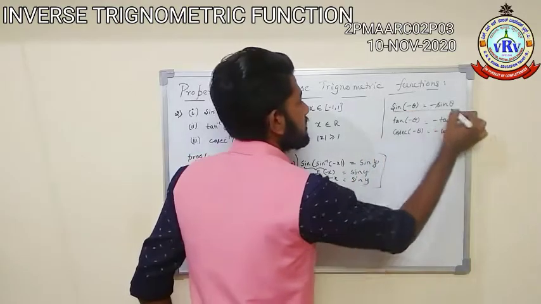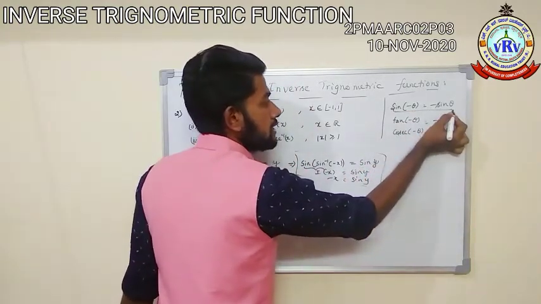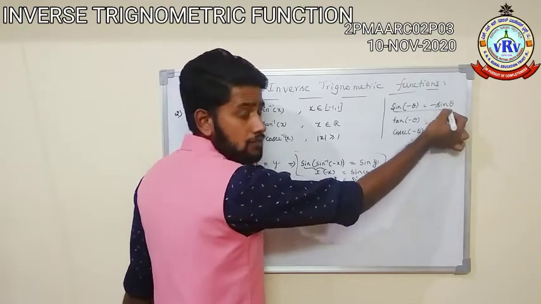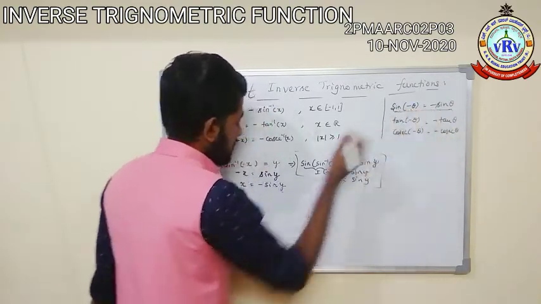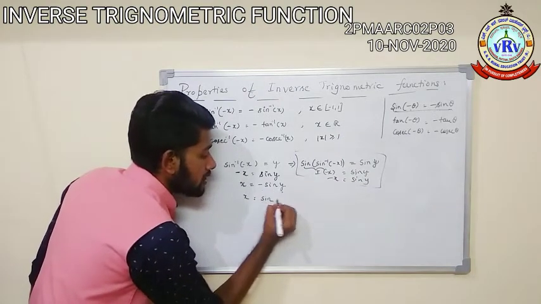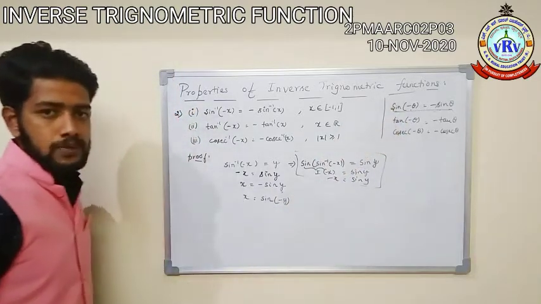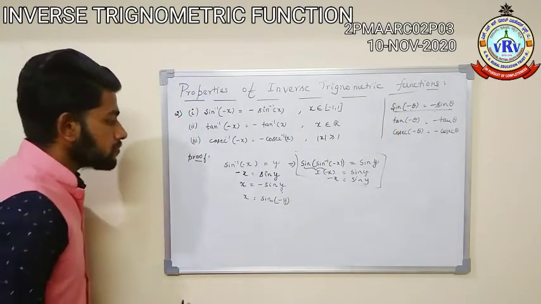From this property, look at here, minus sine y, minus sine theta, which is equal to sine of minus theta. So anyway, minus sine y which is equal to sine of minus y using the sine function property.